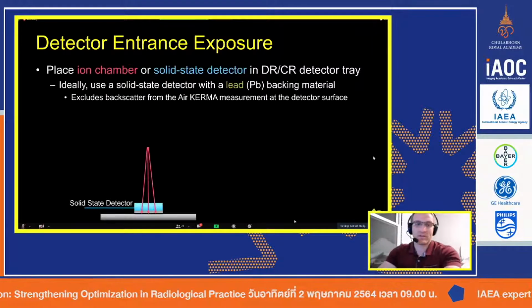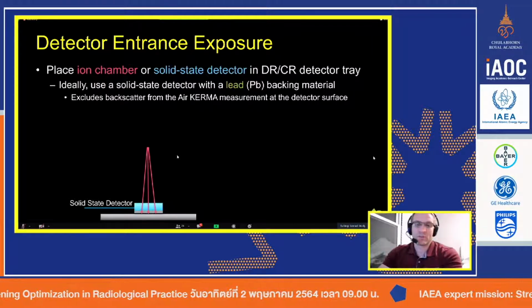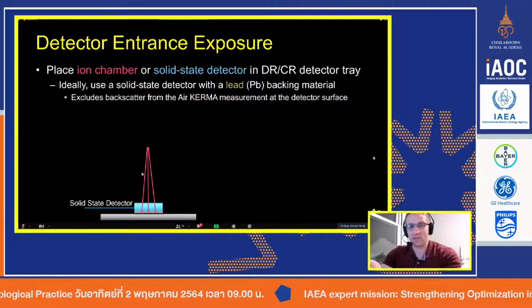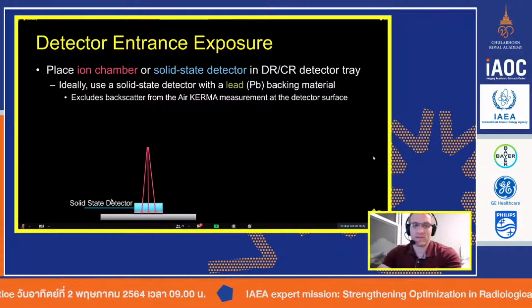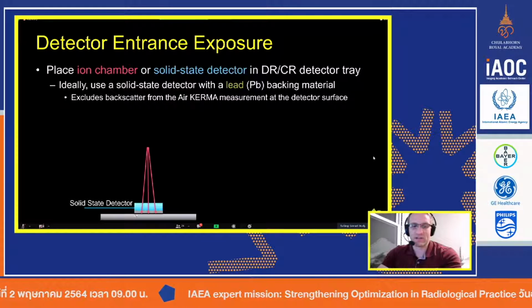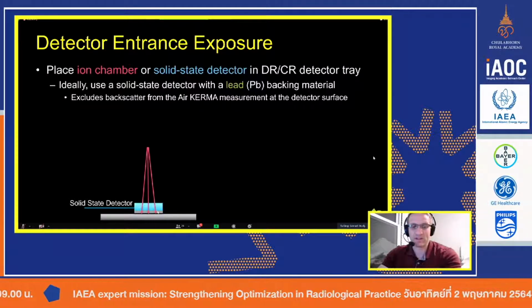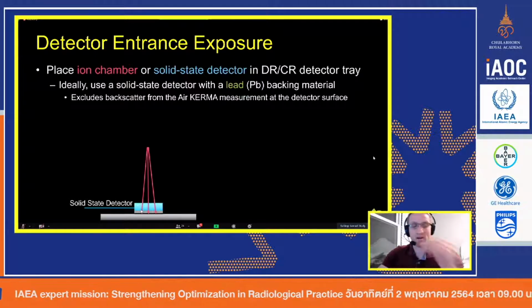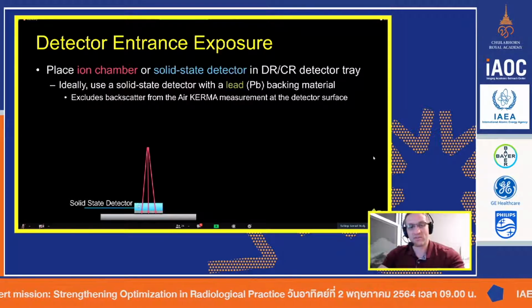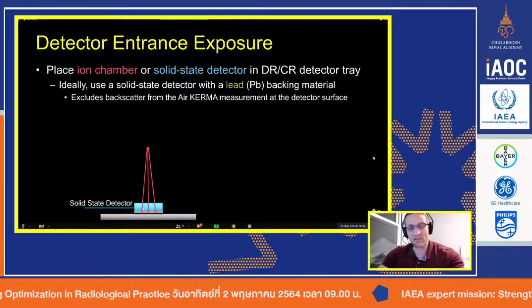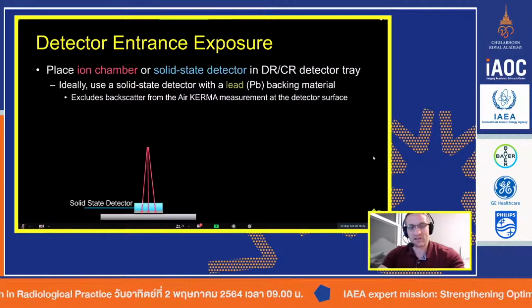So what's the difference between using a solid state detector and an ion chamber? Well, most solid state detectors have some kind of lead backing, or at least a heavy metal like tungsten on the back, and the diodes and detector elements are on top.